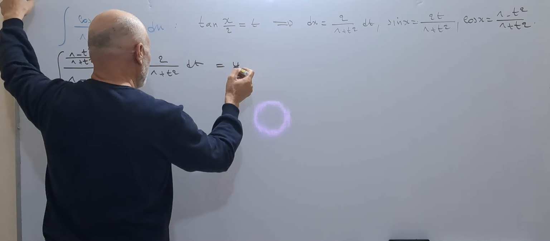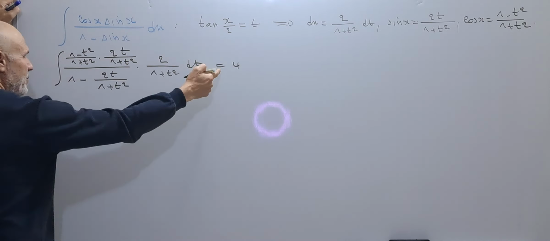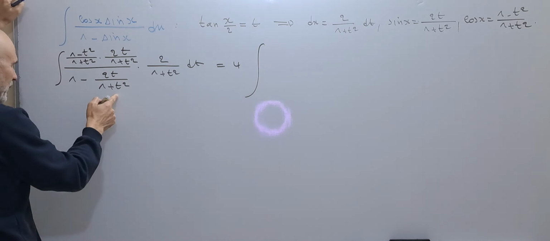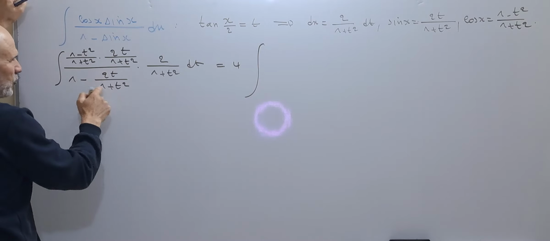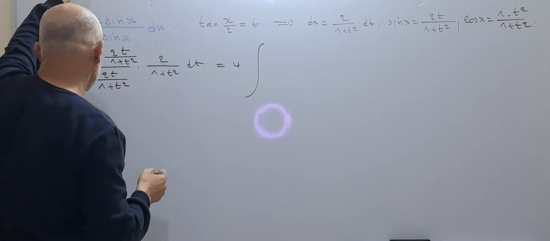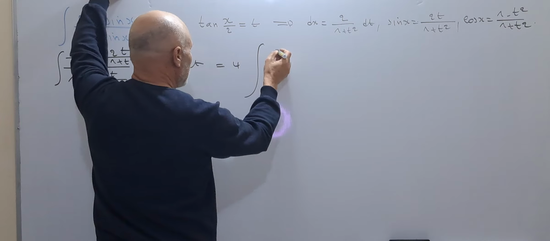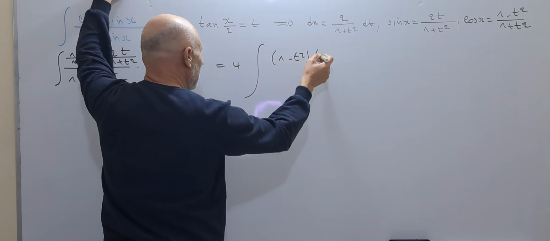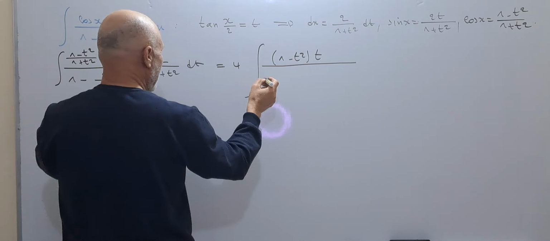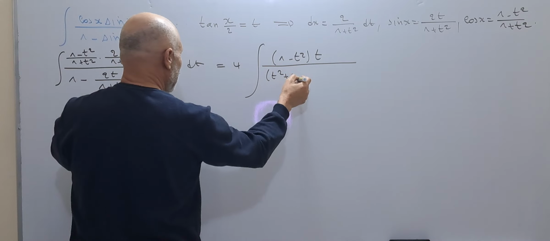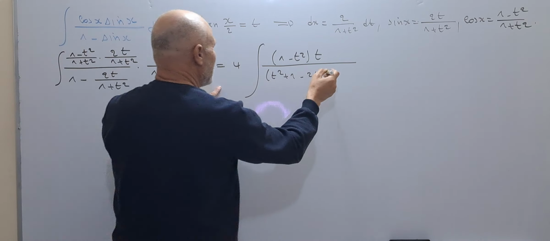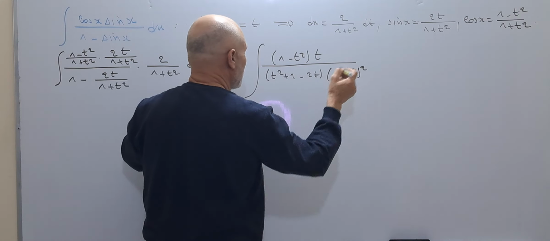So this is equal to 4, since here 2 and 2 means 4. In the integral we get 1 plus t square minus 2t. We cancel 1 plus t square with 1 plus t square, and we get 1 minus t square, t over t square plus 1 minus 2t, and 1 plus t square dt.